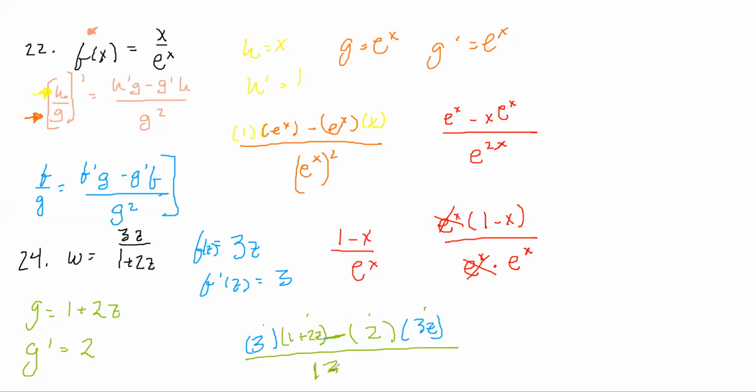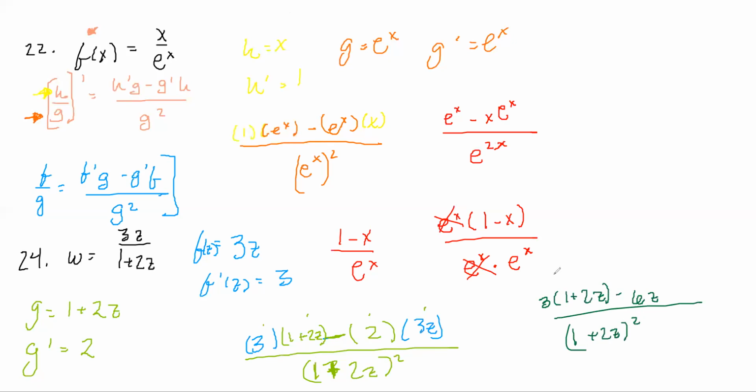So that's 1 plus 2z squared. So we can simplify this all down. It becomes 3 times 1 plus 2z minus 6z over 1 plus 2z squared.